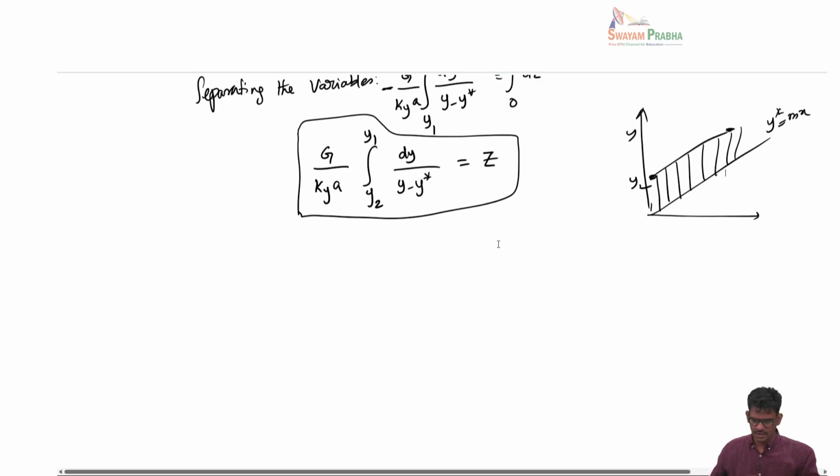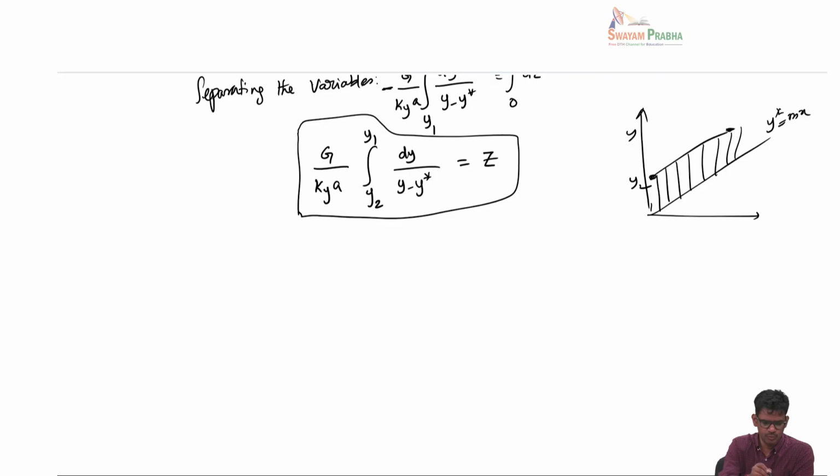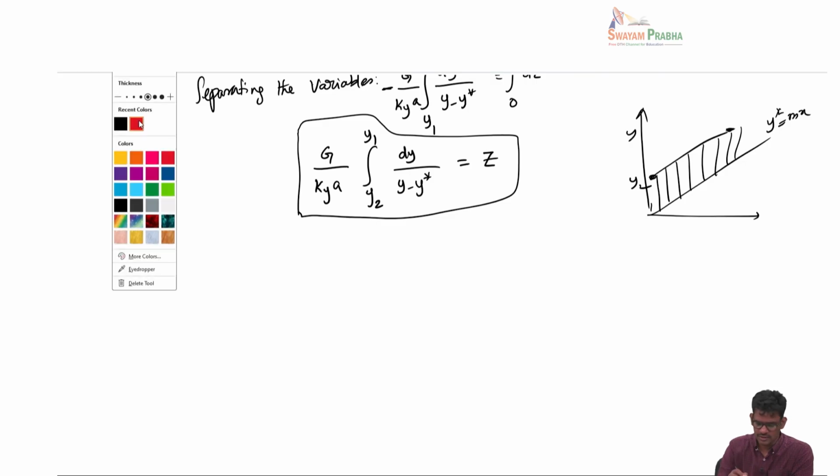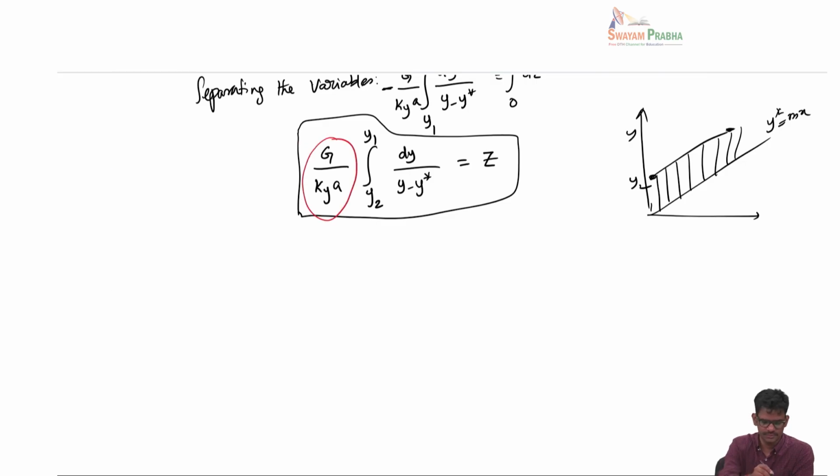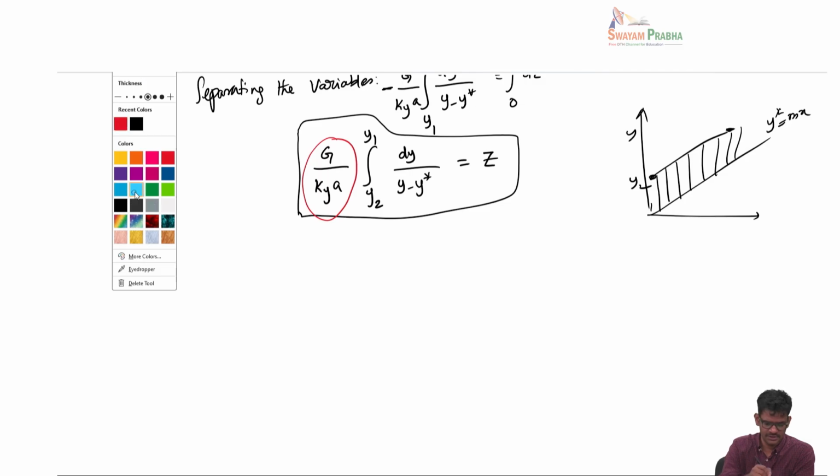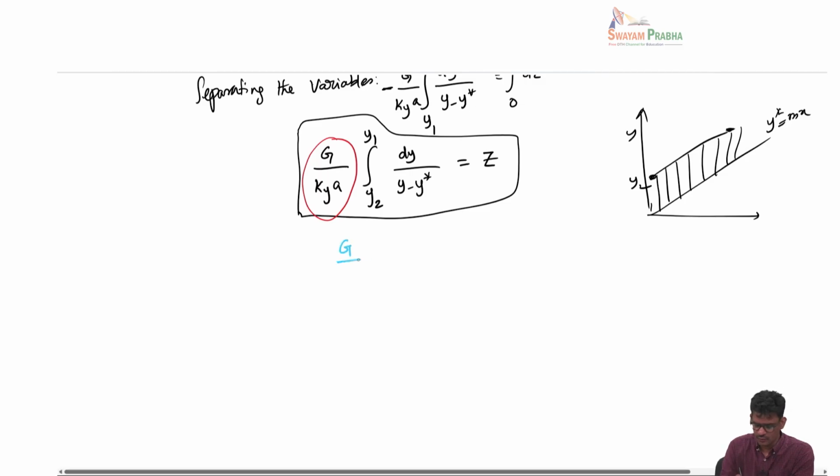Now this particular term is going to be split into two parts. I am going to call this entire group, G over KYA, HTOG.